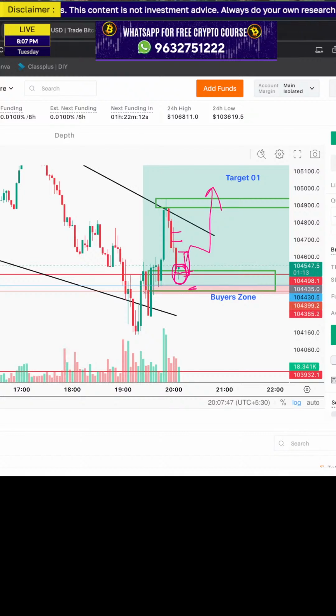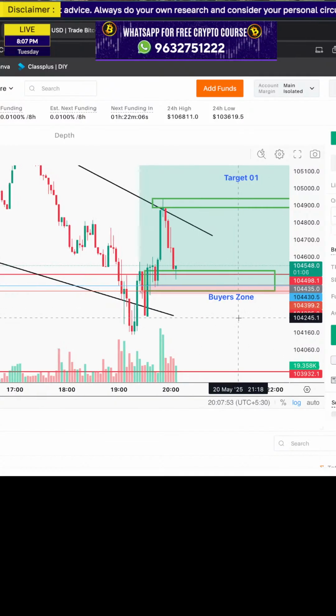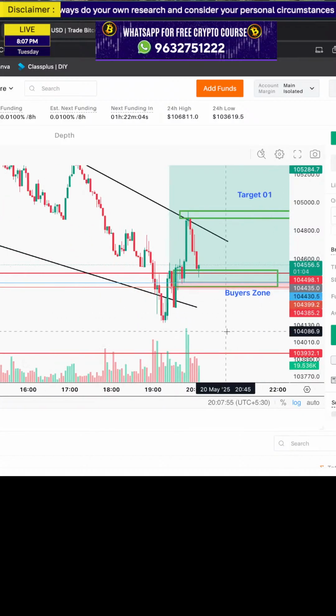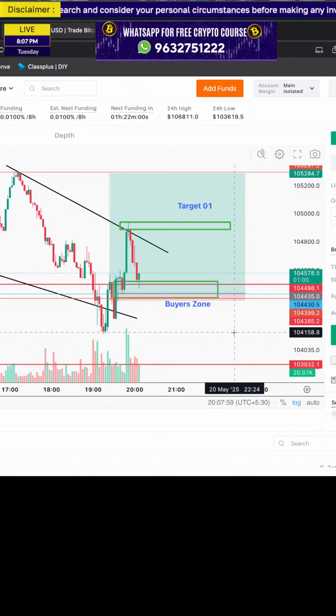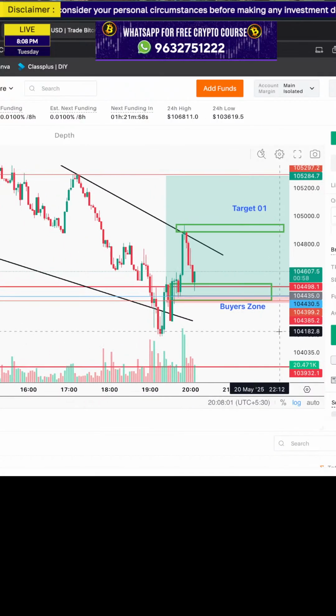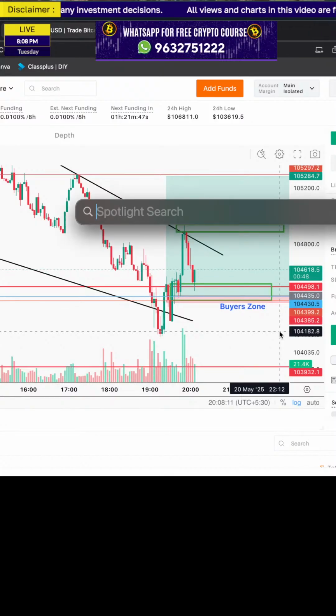Hopefully if the market sustains this buyer zone, good. Otherwise I'll hit that stop loss and exit.